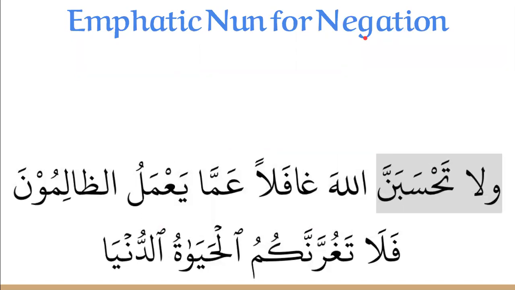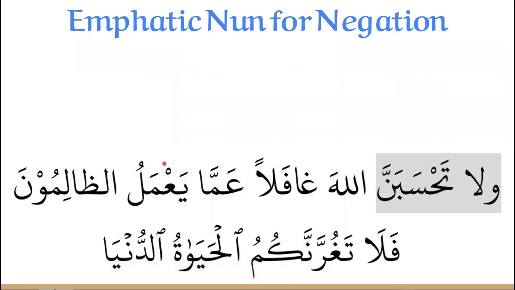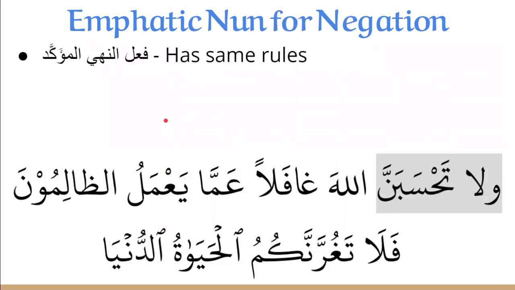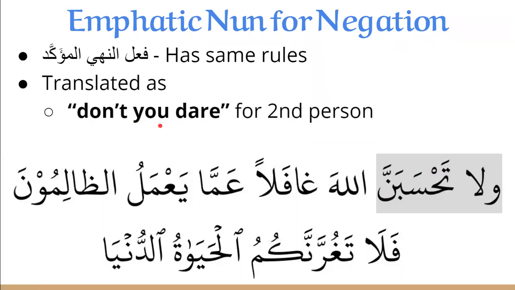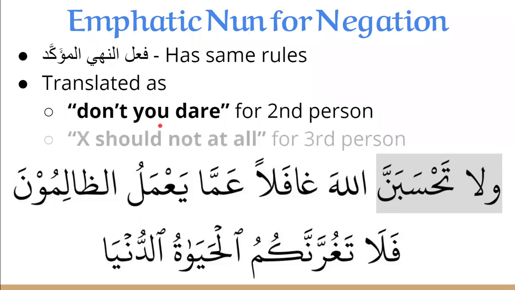If the Noon at-Tawkid comes with negation, then what does it do? The same rule, but it is translated as don't you dare do something, or you should not at all do something.